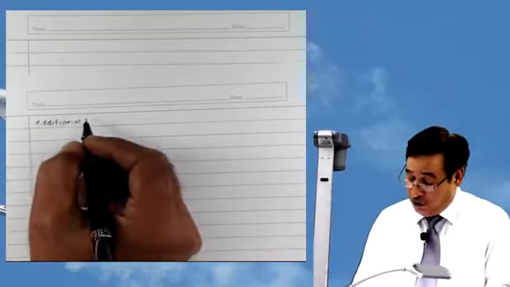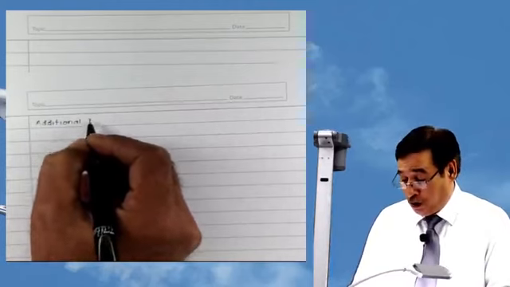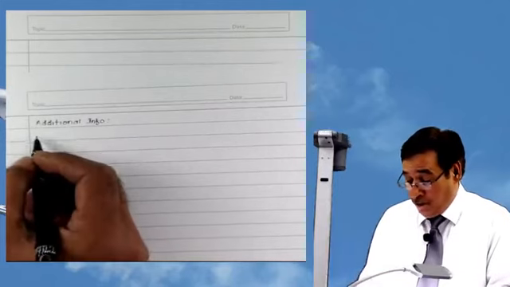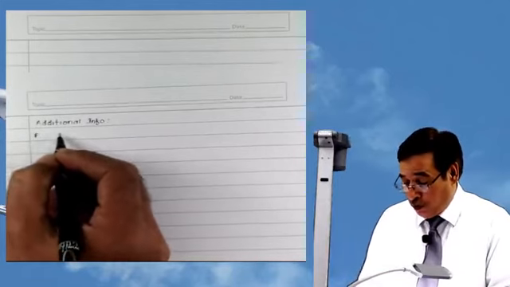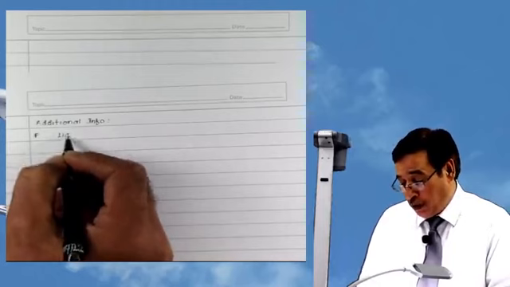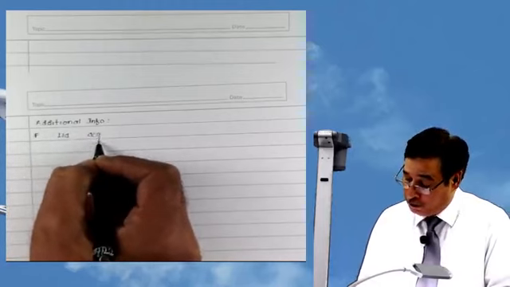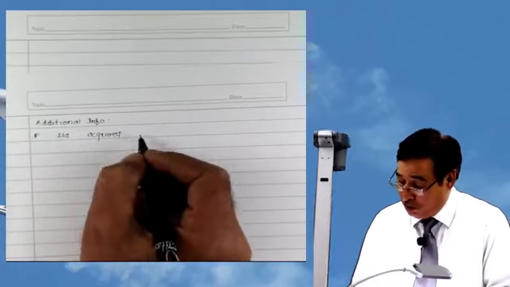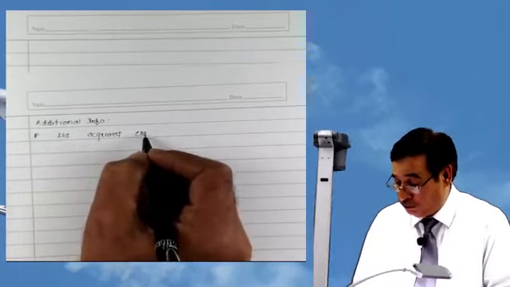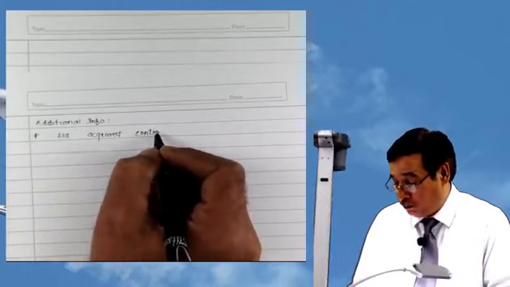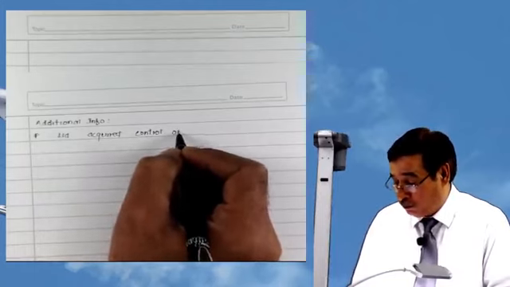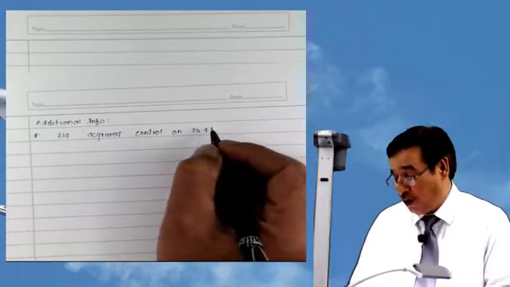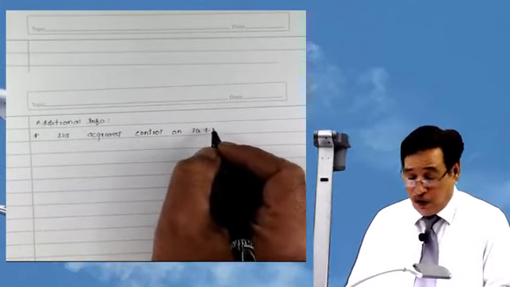So, under the additional information, now I am writing: P Limited acquired control on 30th of September 20.